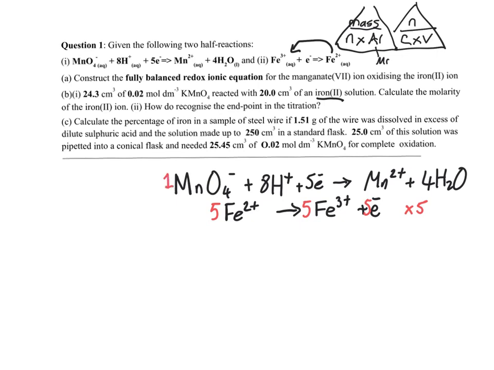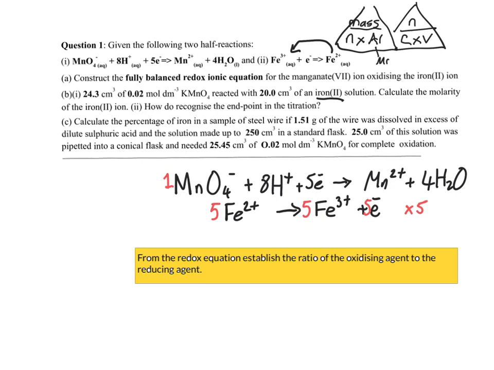And that is the important thing to establish, the ratio of the oxidizing agent to the reducing agent. So as we've already established, the ratio of the iron to manganate is 5 Fe2+ ions to every 1 manganate 7 ion.